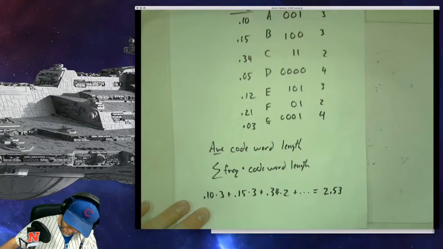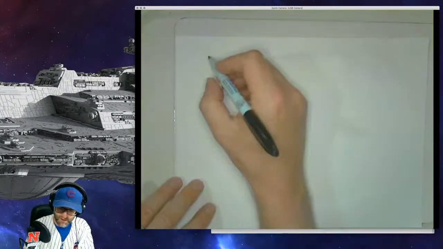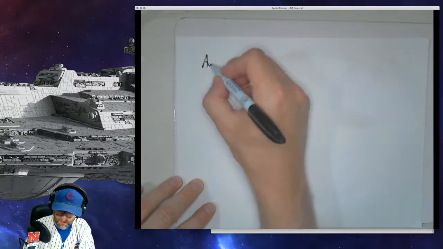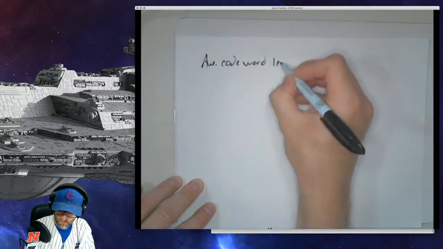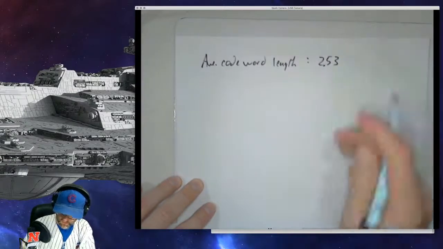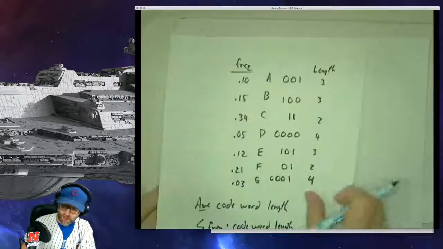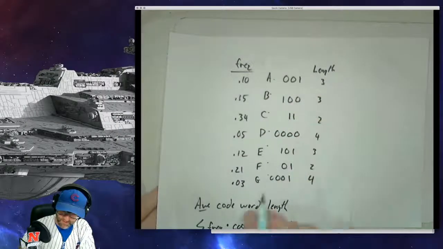Is that better? Did we save anything? Did we compress anything? How did we compress? So the average code word length that we just computed was 2.53. How big was our alphabet? How big was our character set? 1, 2, 3, 4, 5, 6, 7.